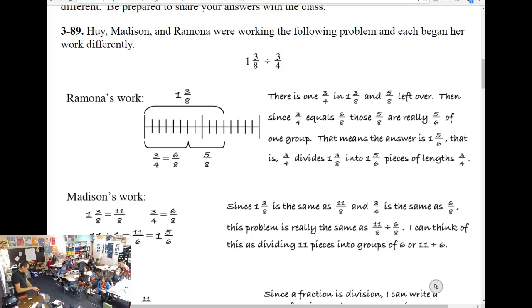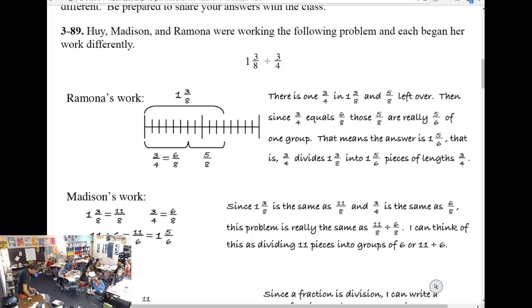Now, he wants to break his 1 and 3/8 up into groups of 3/4, right? Like 3/4 groups. So I know that there's more than a 3/4 group in here, right? Because it's 1. It's more than a 3/4. And there's less than a 3/4 here, because this is 3/8. Right? So this gets real weird.